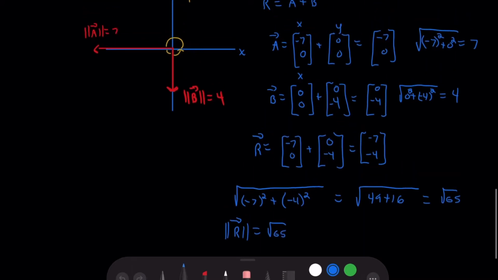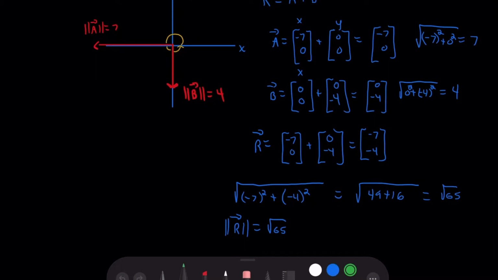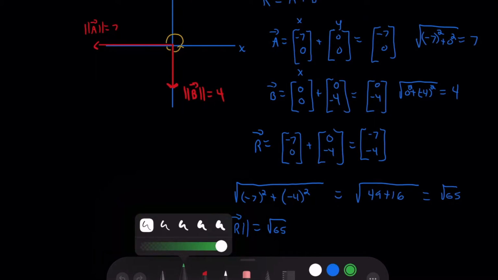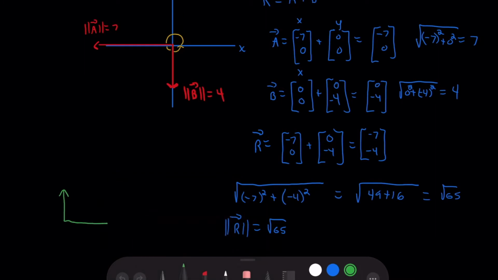Now, there's one more thing we're going to do here. We are going to use a trick where, let's say you have two vectors like this. In this case, we have two linearly independent vectors, and let's just call them v1 and v2. When we're adding the vectors together, you can use a tail-to-tip method to get that resultant vector. So likewise, we would do the same here. You're just going to imagine that this vector here is moving over to here, and then we draw from the tail to the tip.